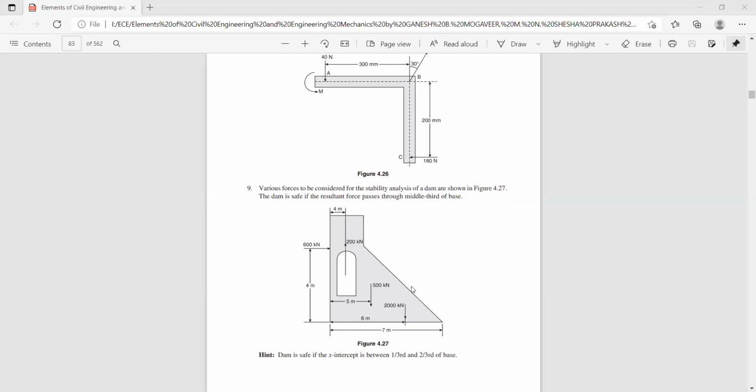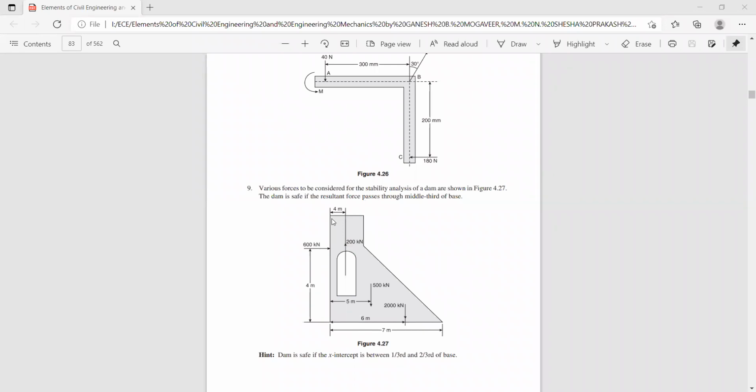Okay, 6.77. Now you can see it is acting beyond one-third. Beyond one-third is nothing but, the base of the dam is 7 meters, so 7 divided by 3 is about 2.5 meters. It should have been here. It is acting here. So it is unstable.